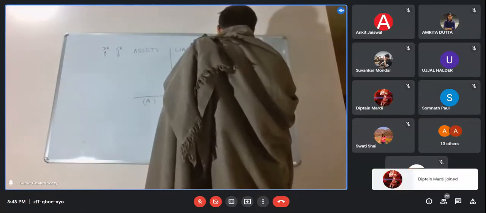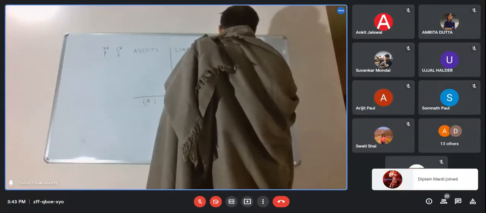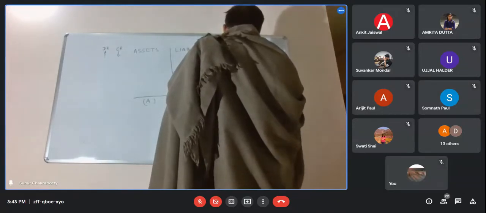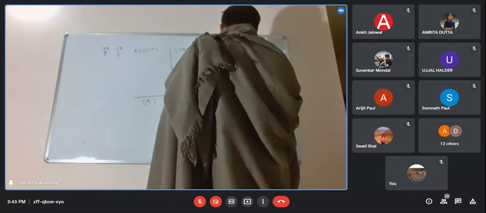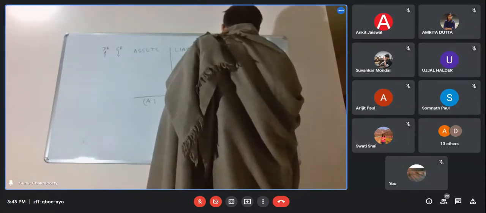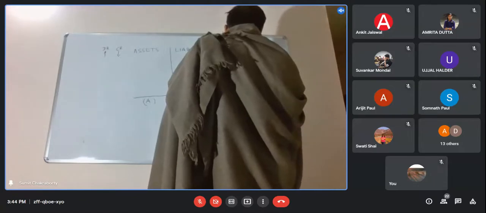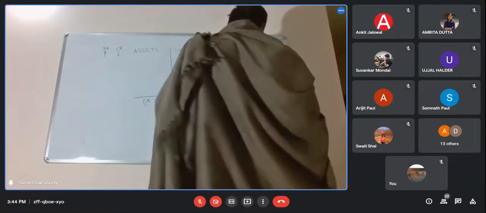Net income increases, it is credit. Net income decreases, it is debit. Net loss increases, it is debit. Net loss decreases, it is credit.